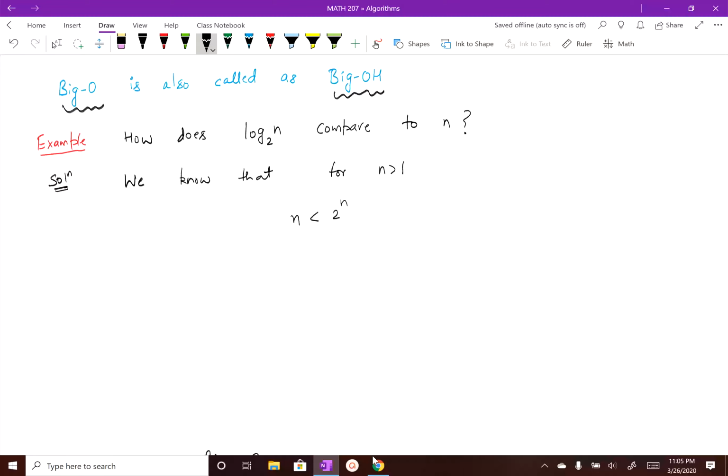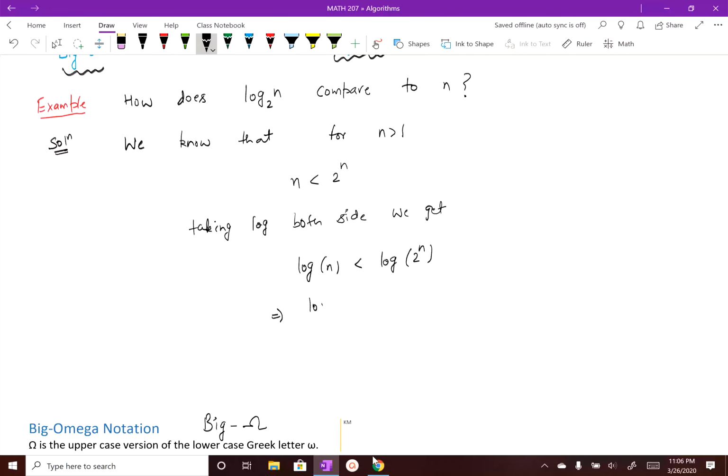Okay, and taking log both sides, so we get this side will be your log of n and this side will be your log of 2 to the power n, which is going to be equal to log of n less than n times log of 2, which is going to be equal to log of n divided by log of 2 is less than n, which implies that log base 2 of n is less than n.